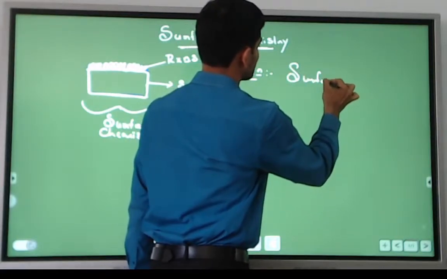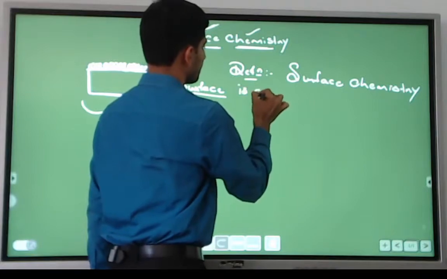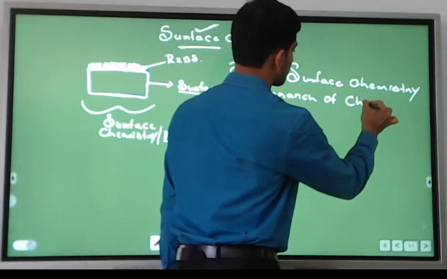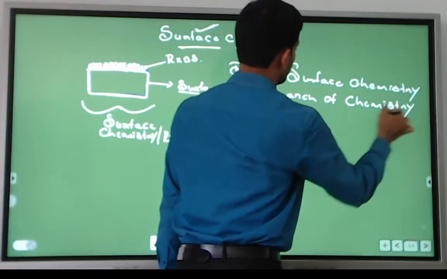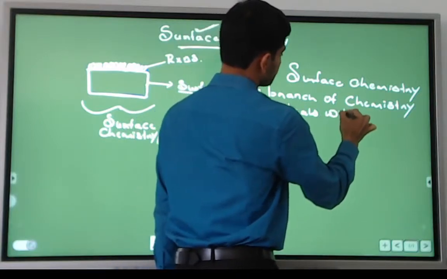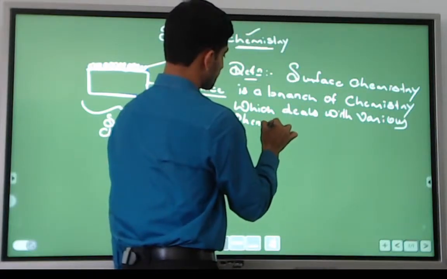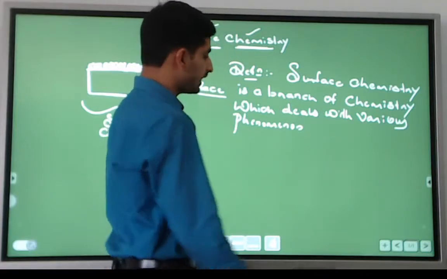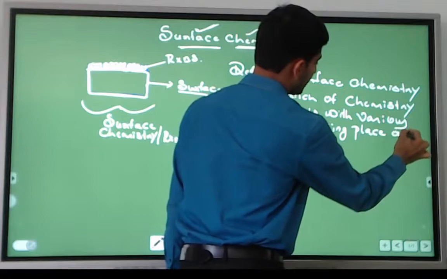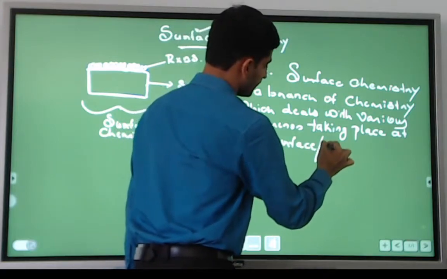Surface chemistry is a branch of chemistry which deals with various phenomena taking place at the surface or interface.